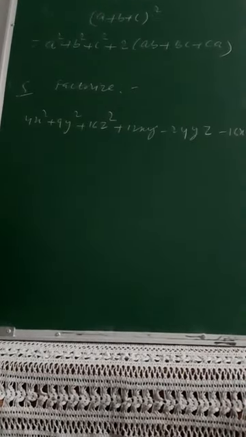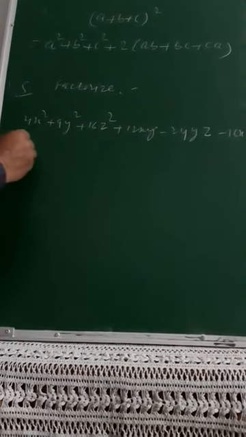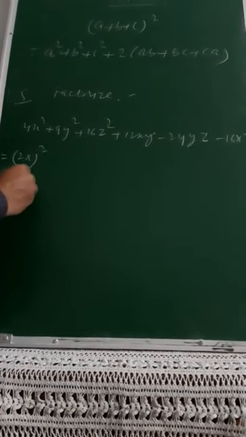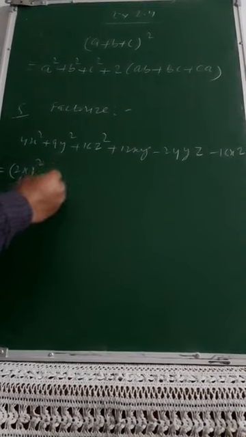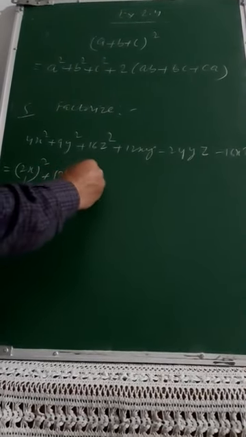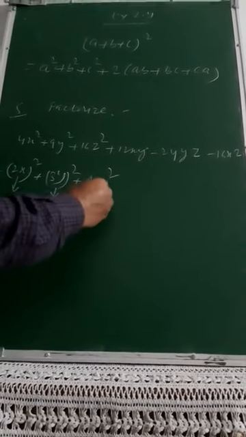So I know this is A square, B square, C square, all are perfect squares. So I know 4x square is the square of 2x, so this is A now. 9y square is the square of 3y, so this is B now, and 16z square is the square of 4z, so this is C now.